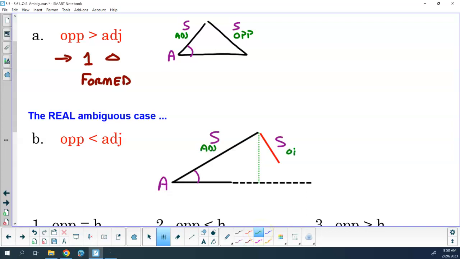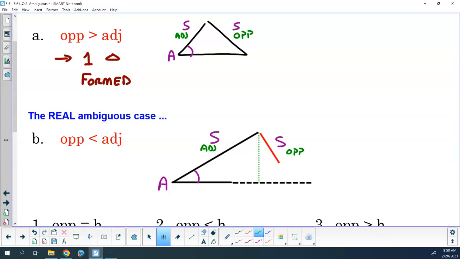This side would be the opposite. Now, angle A is acute. So the opposite side doesn't have to be the longest side. So there are triangles that get formed.